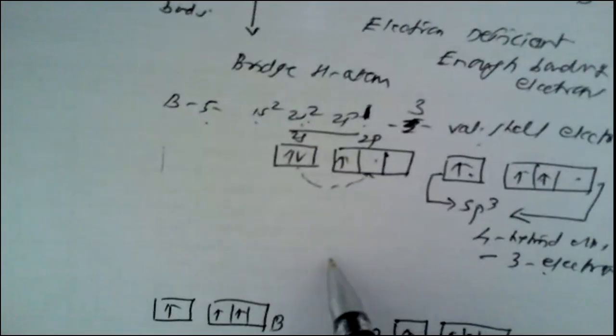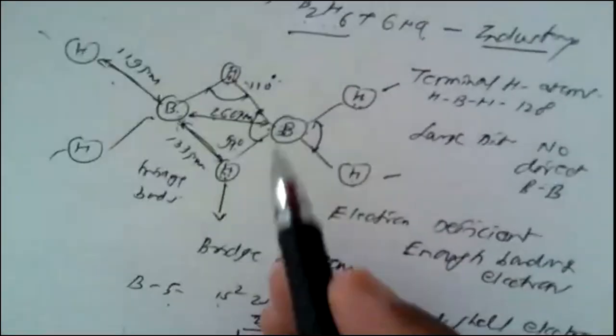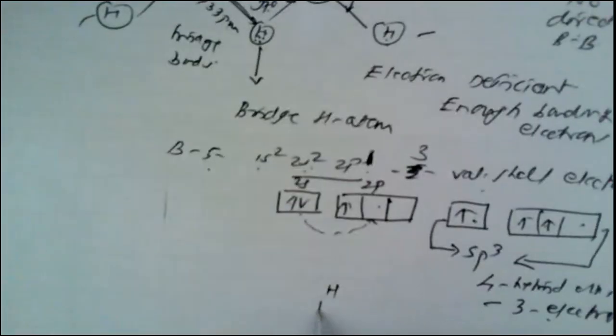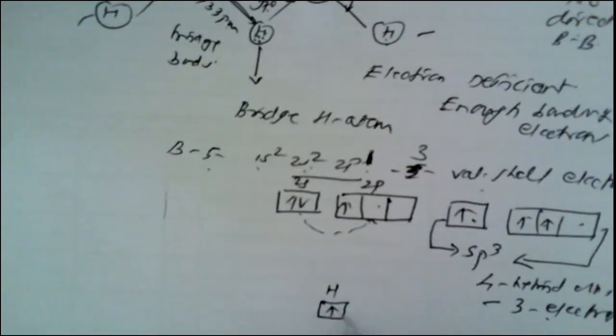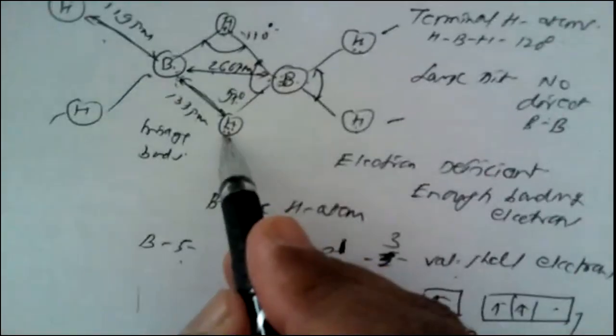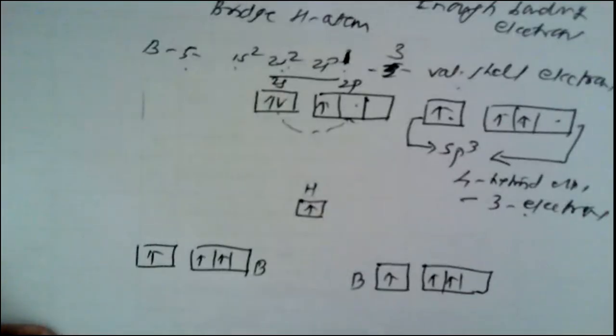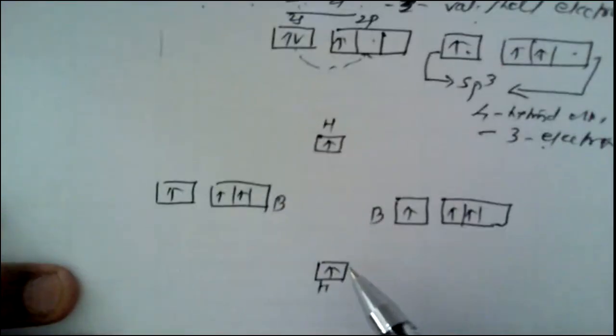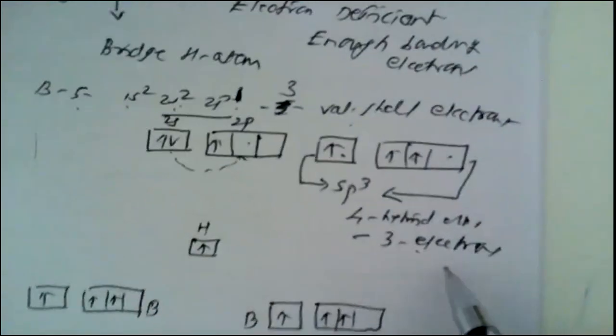Now, one hydrogen is there. This hydrogen has the electronic configuration 1s1, and again one more hydrogen is there. This hydrogen also contributes its 1s electron. Again, there are 4 terminal hydrogen atoms.